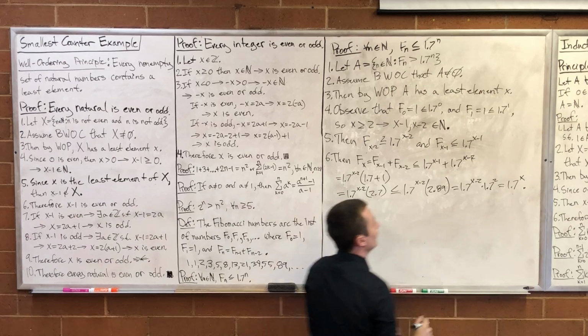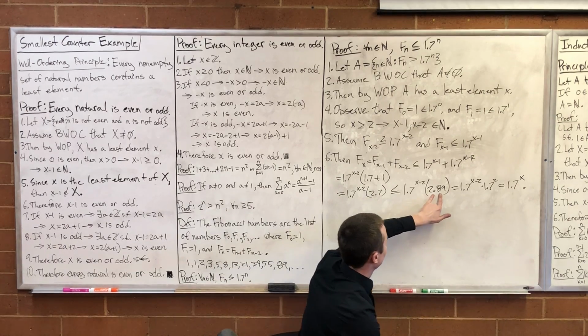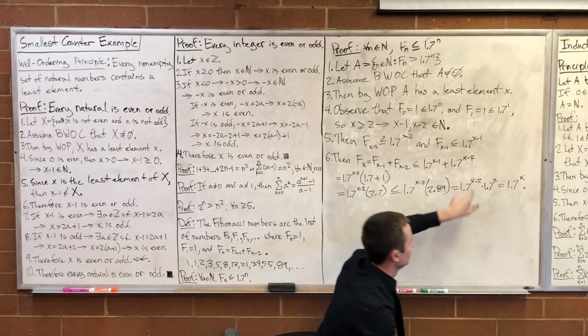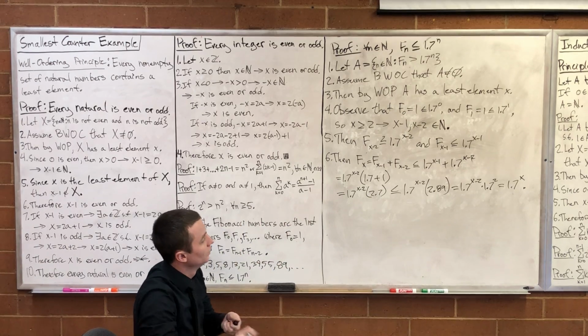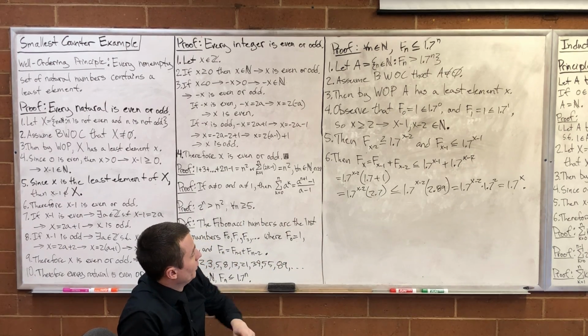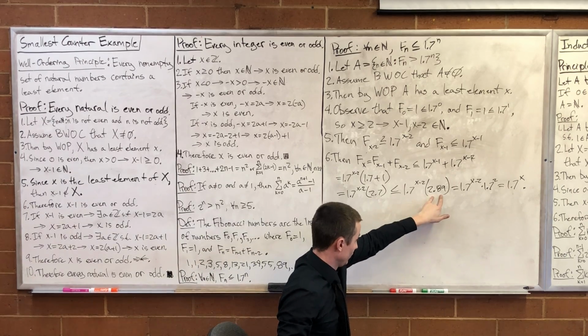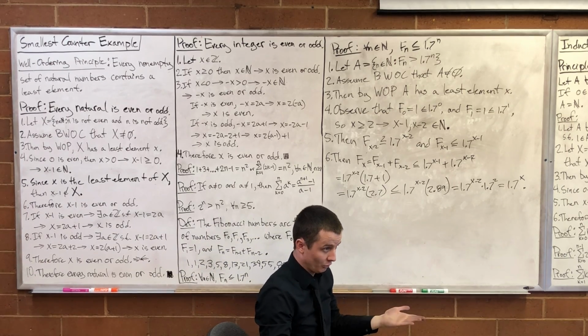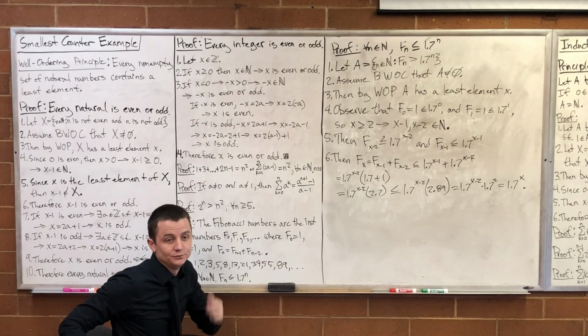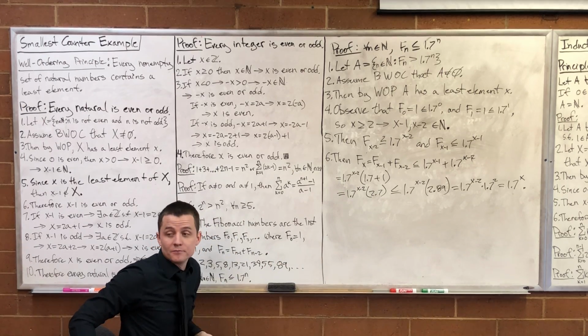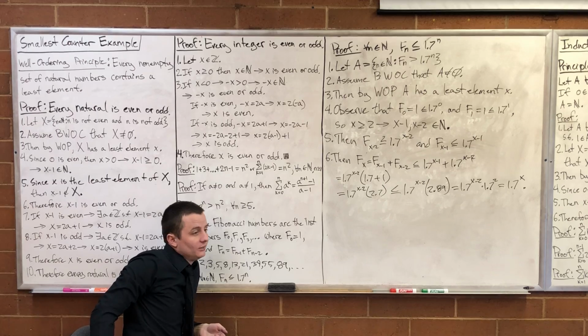Wait, why are you squaring it? I'm just rewriting this number a different way so you can see I'm going to add exponents. I know, why'd you write that number in the first place? What number? 2.89. I'm just replacing this with a bigger number, so my inequality is still true. Okay.